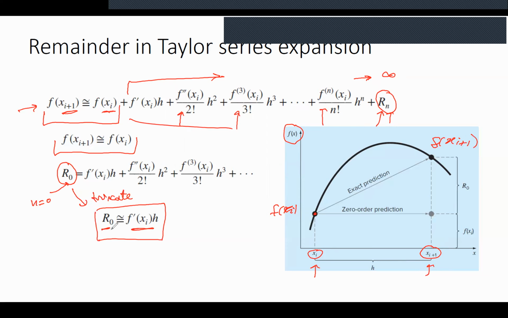If we use zero-order approximation, then it means that we take this as the f of x_{i+1}. So the R0 here represents this error actually. Okay? So we can simply write R0 as the slope of the function at x_i times h.